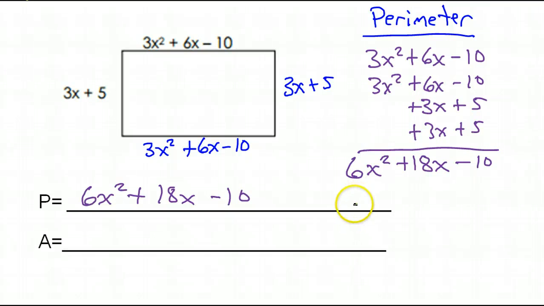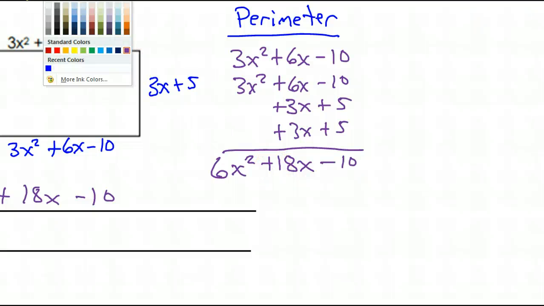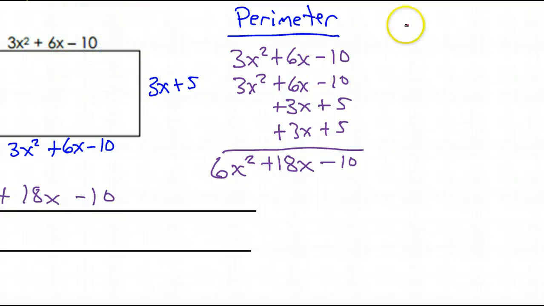Now the area. The area is the length times width. The base times height. So I think I'll do that in red. No, I'm tired of red. Green. Haven't used green in a while. So let's do the area.